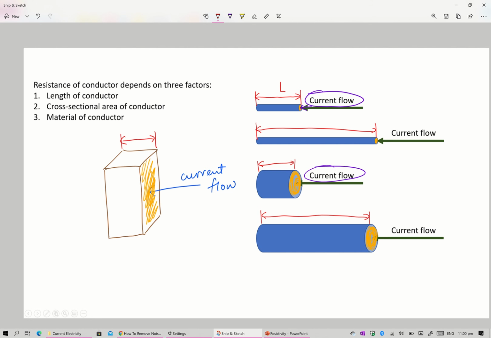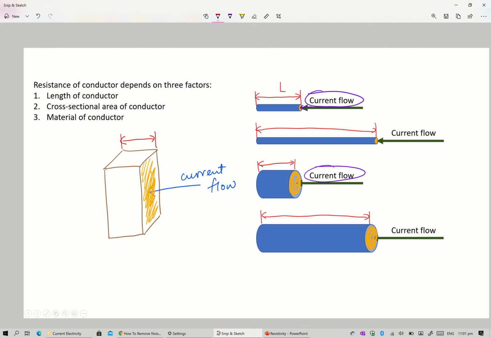So three factors: length of conductor, cross-sectional area of the conductor, and finally the material of the conductor. You have learned in lower secondary that electrical properties is one of the properties of matter. But you learned generically in lower secondary that all metals are good conductors.